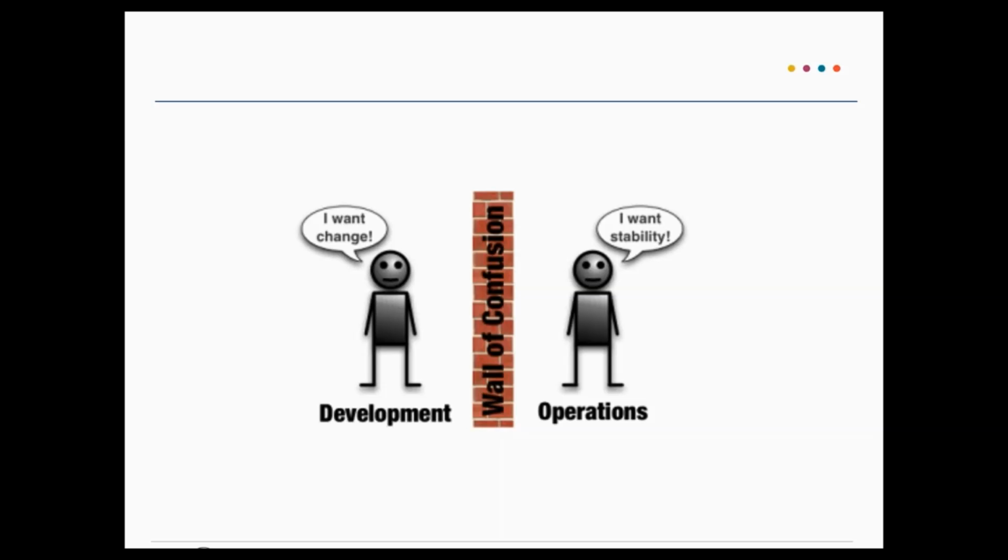So they want stability at their side, and that's the reason there is a wall of confusion. And to achieve their goal, they do perform some sort of testing at their end, both from the development side as well as the operation side. I will look at that in our subsequent slide as well. What I want to convey here is that they are two teams and they have the wall of confusion. One is working on the change implementation, and one is working on how they can make things more stable.